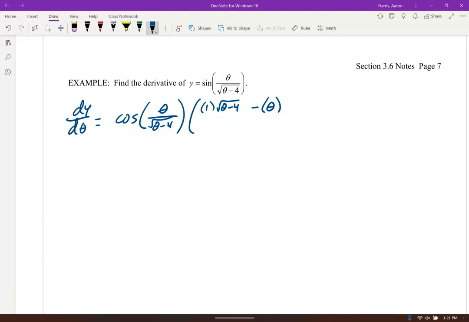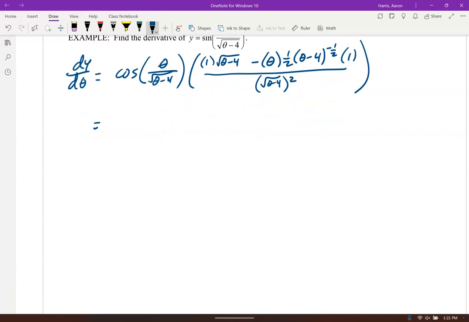Now the bottom is theta minus 4 to the 1/2, so that's 1/2 theta minus 4. Now it's to a negative 1/2, and then the derivative of theta minus 4 is just the 1. Don't forget chain rule on that. All over the bottom squared.